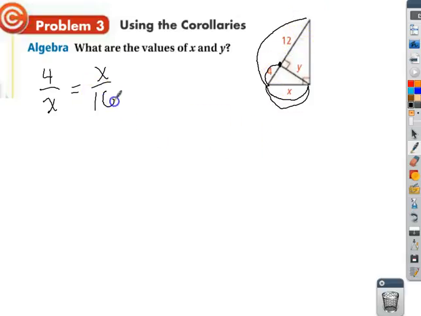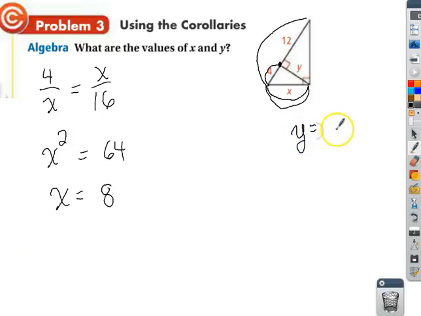I had to add the 4 and the 12 because segment addition says you add two segments together to get the entire length. Now I'm going to solve by cross multiplying. So X squared is equal to 64. What does X equal? 8. So remember before I found the value of Y was square root of 48, and the value of X was 8.